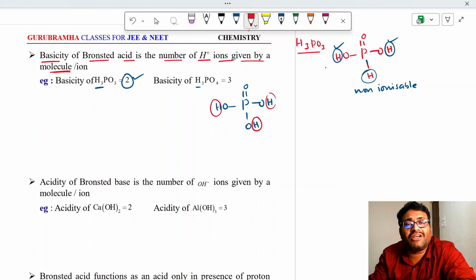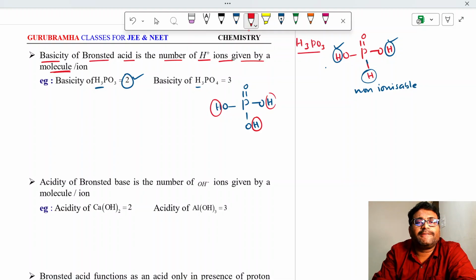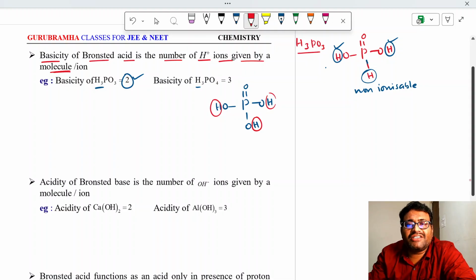But if hydrogen is bonded to the central atom, then that hydrogen is non-ionizable. The number of ionizable hydrogens is called what? Basicity.